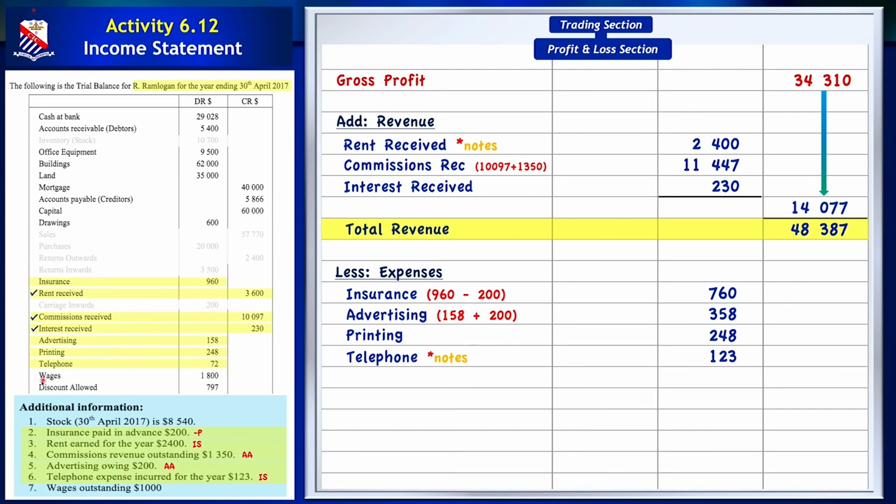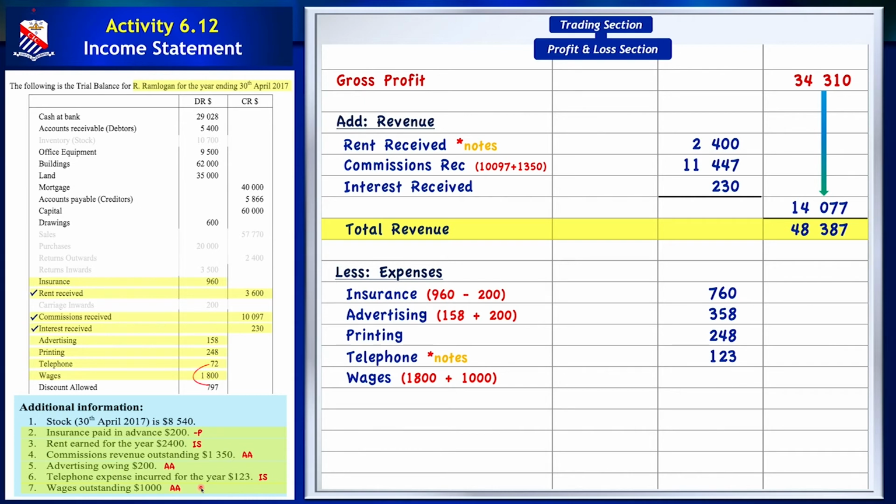Okay, next expense, wages. You check your notes. Yes, you would see that wages outstanding, 1,000. So you will go wages. Outstanding is an accrual. So you add accruals.